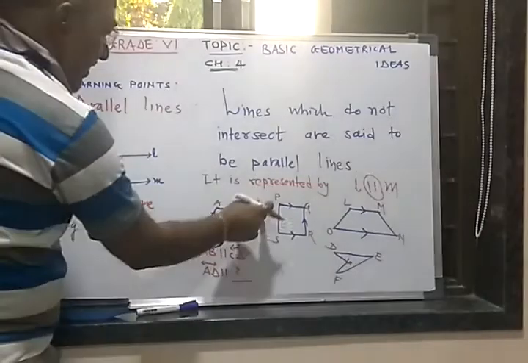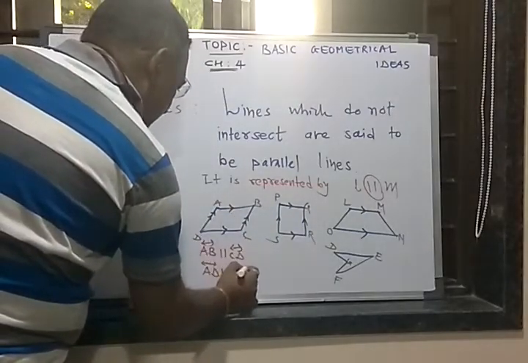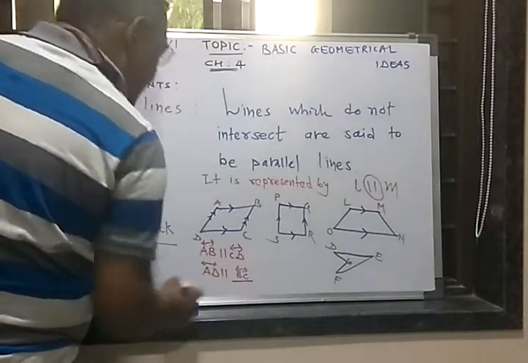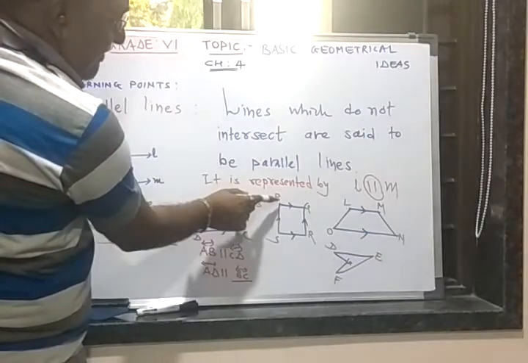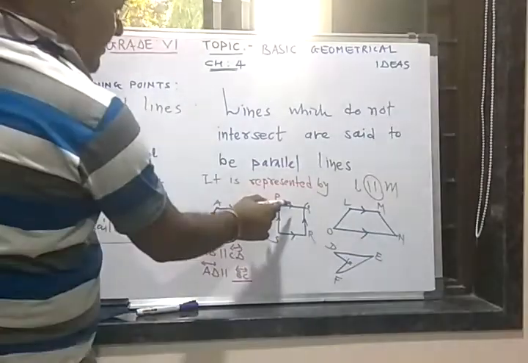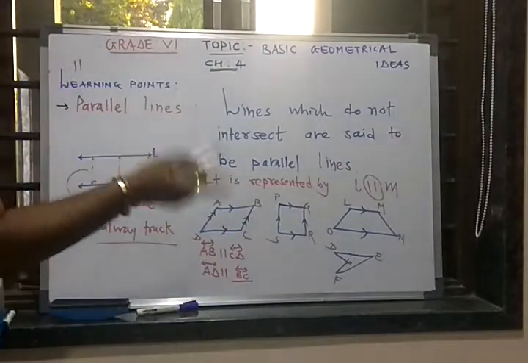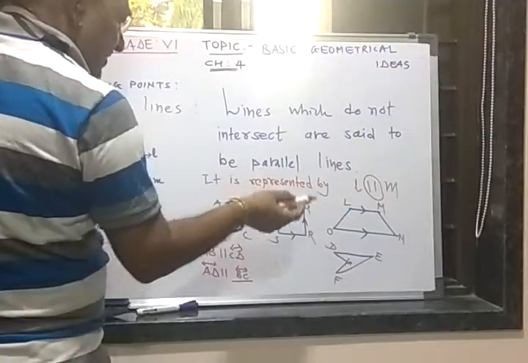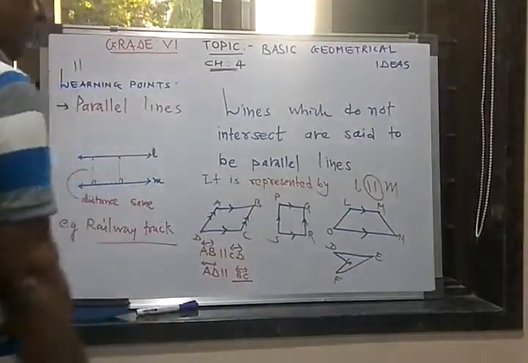Line AD is parallel to line BC. Here similarly you can write line PQ is parallel to line SR. This arrow indicates parallel lines. It will come in your next standard. Line PS is parallel to line QR.